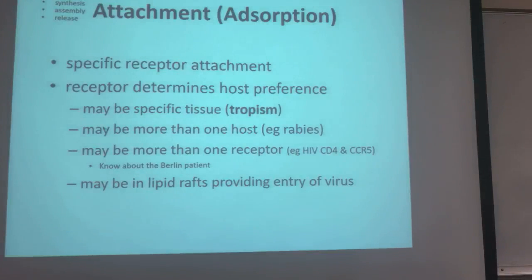Because of a bone marrow transplant. In fact, you may want to read up on the Berlin patient and just understand this concept of tropism, how the Berlin patient became immune to the HIV virus strain that he was infected with, and how did the bone marrow transplant help him achieve this immunity? How did he get cured of HIV, right? So be able to explain that.